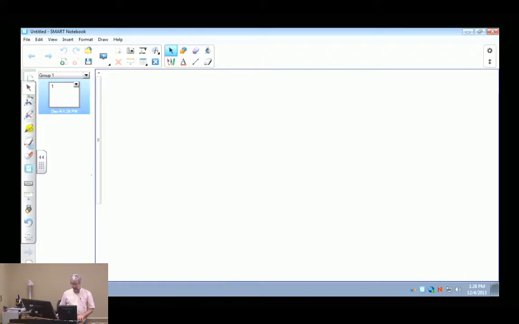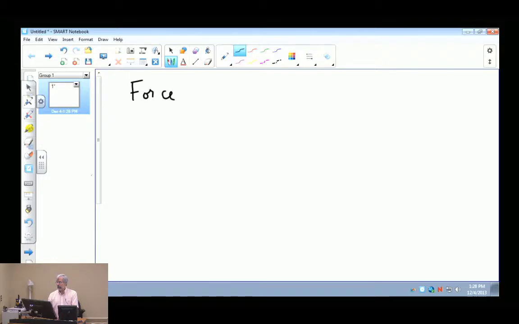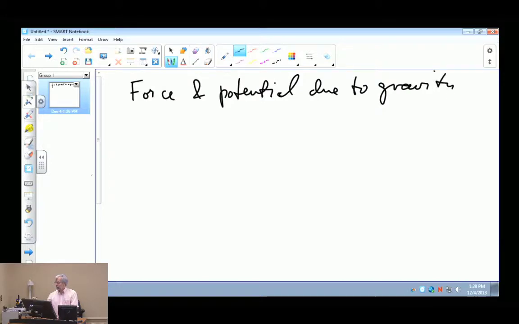Okay, let's see. Let's consider a problem that was assigned last time, which is to consider the force and potential due to gravity around bodies of different shapes.